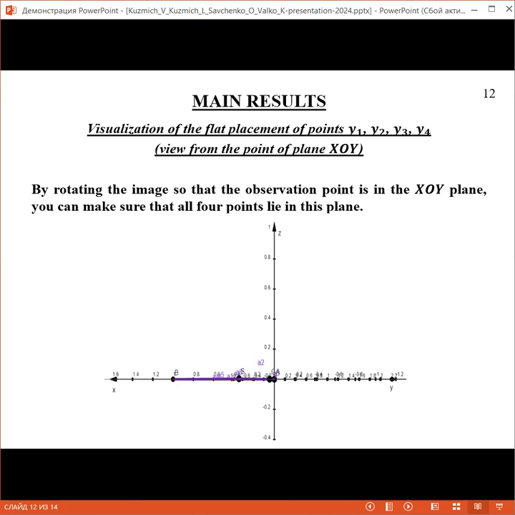To do this, it is enough to select the point of observation of the tetrahedron in the X or Y plane. By rotating the image accordingly, we get the following image of all 4 points. This image shows them flatly placed.